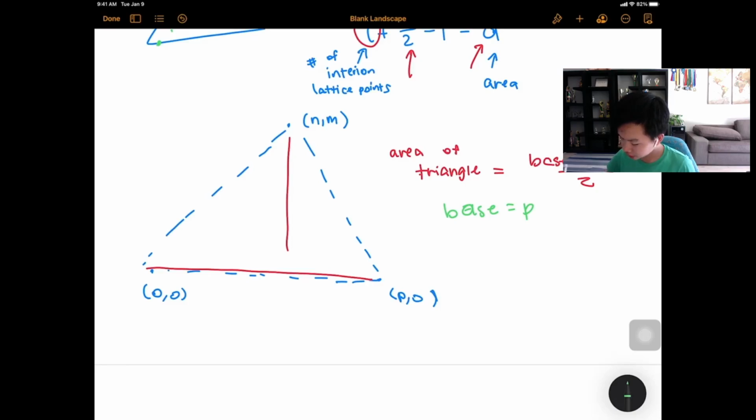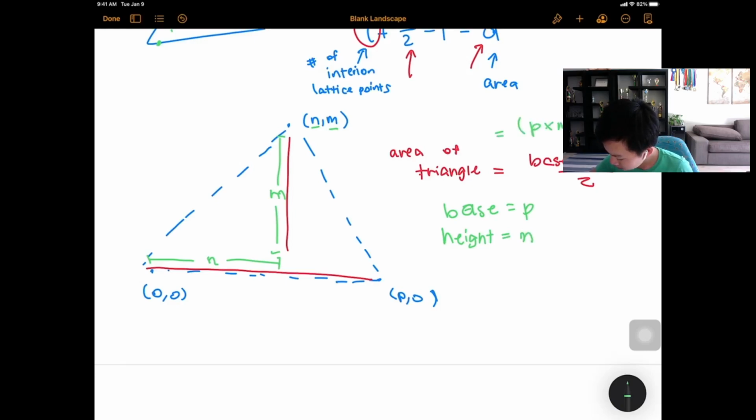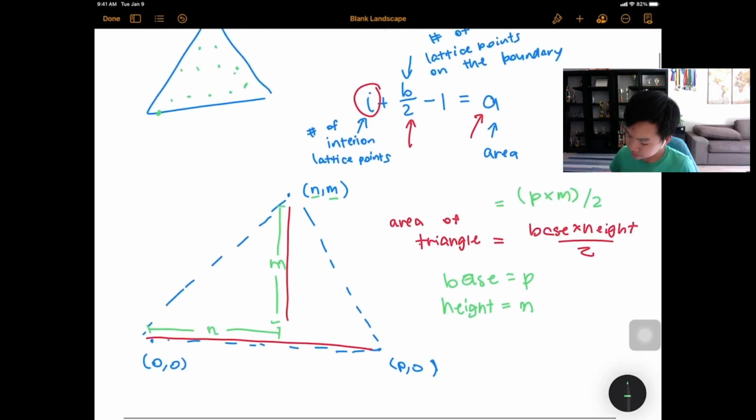And our height, since you have n and m, is going to be m. So now you know that the area is going to be equal to P times M divided by 2.